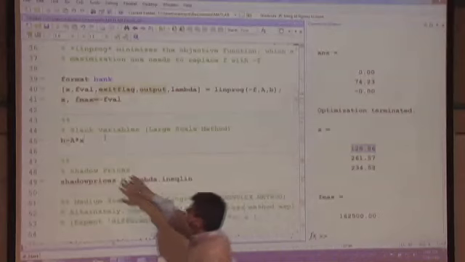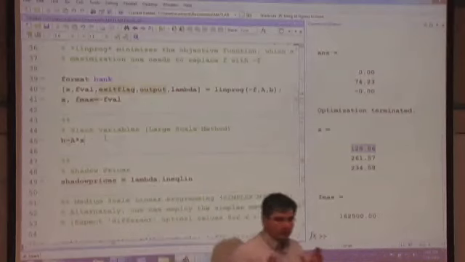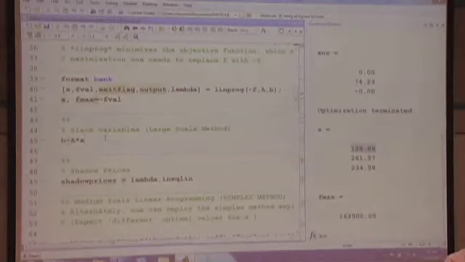Okay, so everybody kind of understands what the slack variables mean. Once you decide on the values of x1, x2, x3, what's the difference between the left side of the constraint and the right side of the constraint?